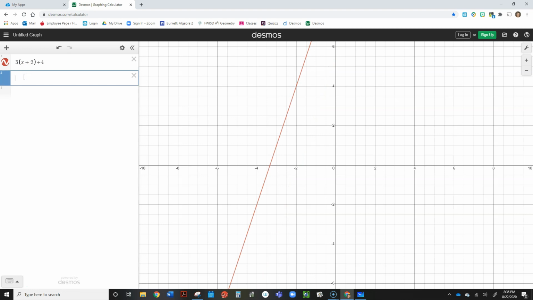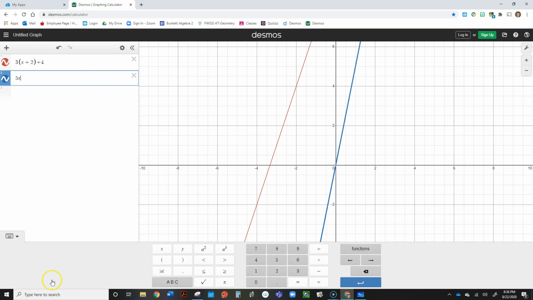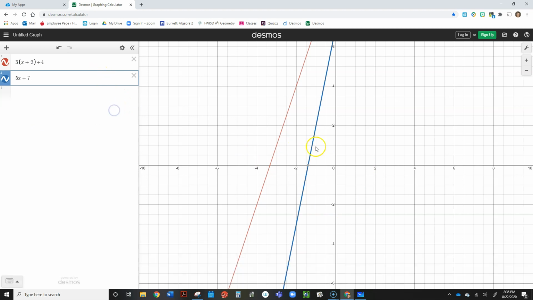We would type in 5x plus 7. And by the way, I put equal. Anytime you don't want to use your keyboard, you can click on this down here, and this opens up another keyboard.